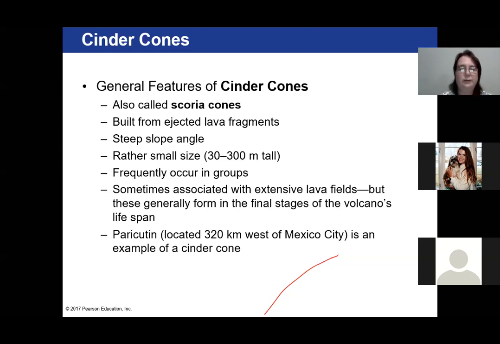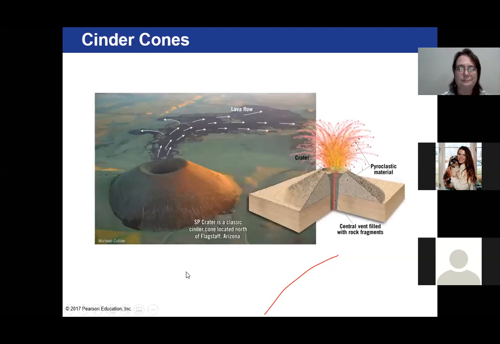Okay, so we've got cinder cones usually in large lava fields. There are some of these in Nevada. There was a very large lava eruption there, and there are many cinder cones. I couldn't tell you how many, but I do know that there is a large amount of lava there.